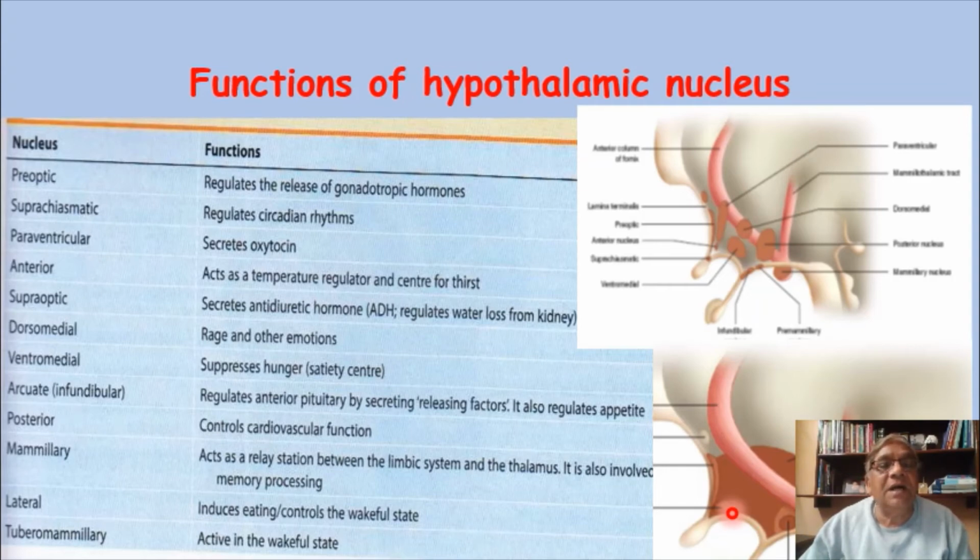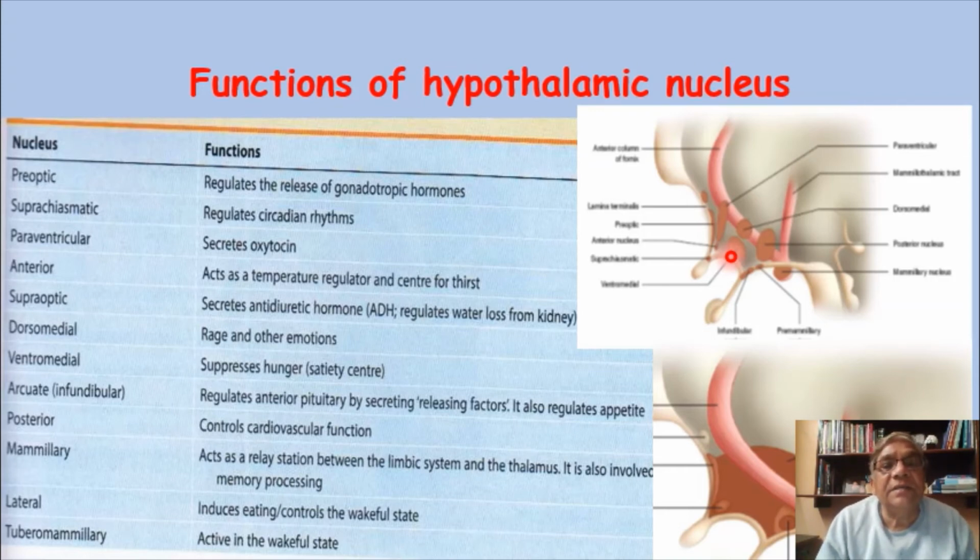Then there are the dorsomedial and ventromedial nuclei here in the medial zone, in the upper diagram. This is the dorsomedial, and the one placed more towards the ventral side is the ventromedial, because they are in the medial zone, okay?